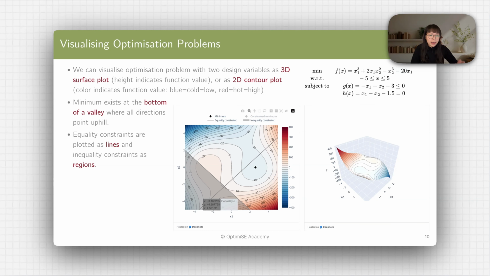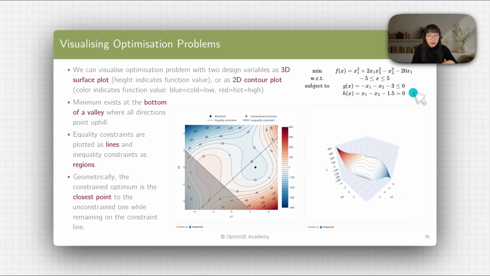Okay, so if your answer is somewhere here, then congratulations, you are correct. Now, why is this our actual solution? Because geometrically, the constrained optimum would want to be as close to the unconstrained optimum as much as possible so that it can get to the lowest value possible. But because it is constrained, you can think of it as trying to pull this point towards this particular unconstrained minimum, but you have to still stay on the line of this constraint.